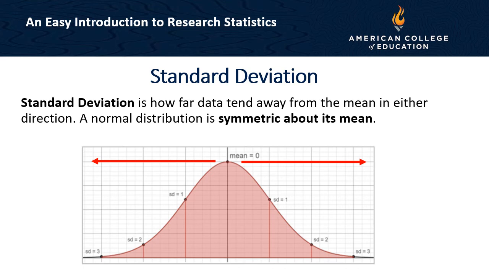In this particular case, the mean is at 0, and we can see 1 standard deviation to the left, negative, 1 standard deviation to the right, positive, 2 standard deviations to the left, negative, 2 standard deviations to the right, positive, 3 standard deviations to the left, negative, 3 standard deviations to the right, positive. And the important point is that those standard deviations are symmetric or equal about the mean. You can see the width of those columns is relatively equidistant from the mean itself.